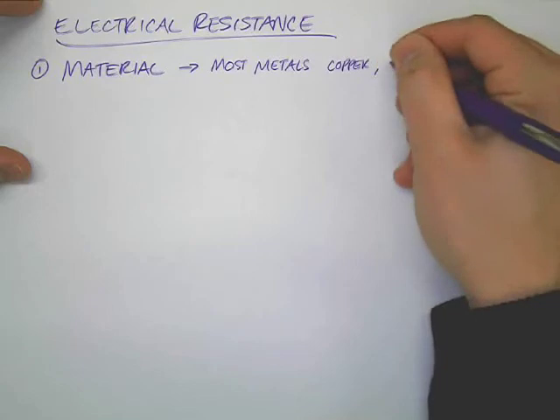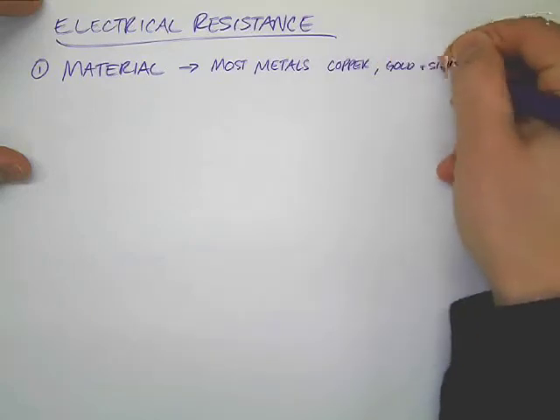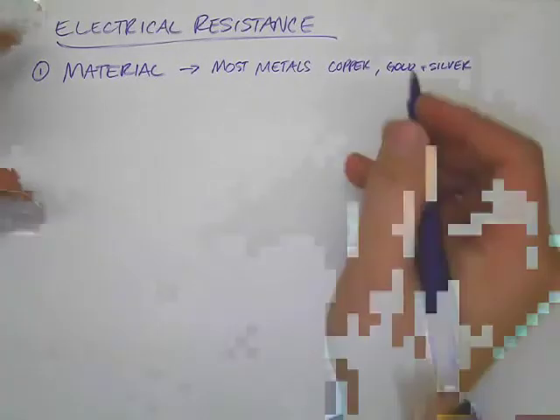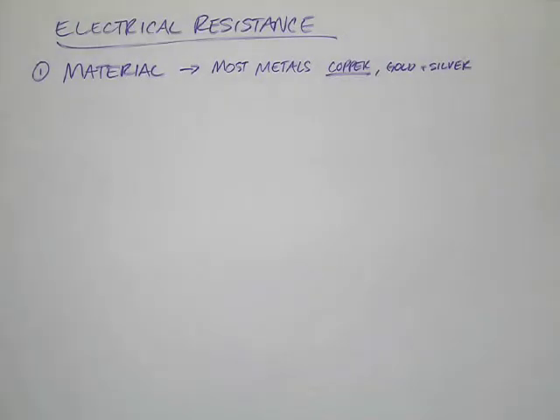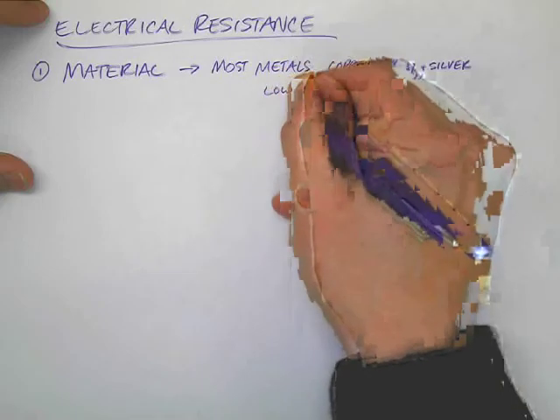Actually, really good conductors are gold and silver. But we don't put those in the pipes in our house because they would be worth more if you tried to sell them as opposed to trying to use them to transmit electricity, even though they would work really well. But copper is a little more affordable, so we use copper as a really good conductor. It has low resistance.